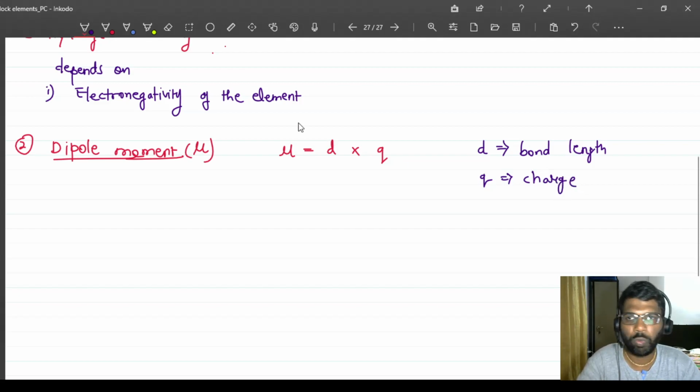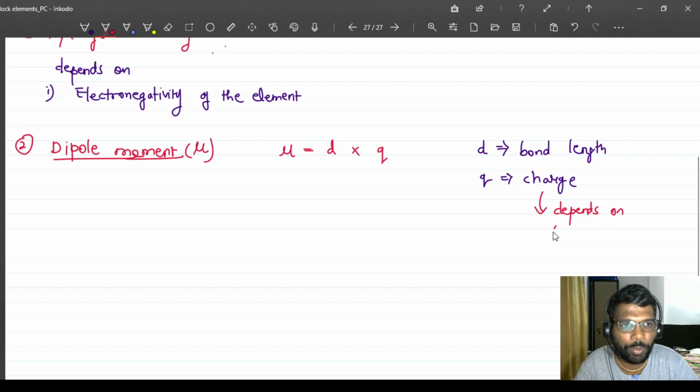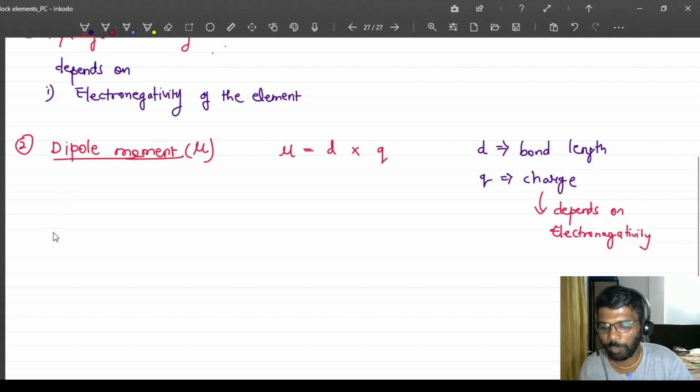On what factor does this charge depend? It depends on electronegativity. The more the electronegativity, the more the charge separation. For example, in ammonia, nitrogen has the hydrogens connected to it and a lone pair.